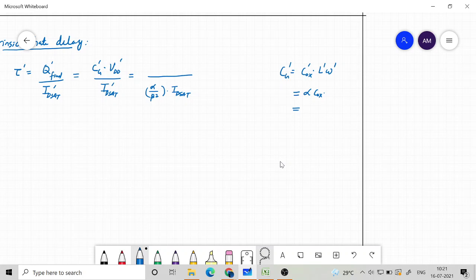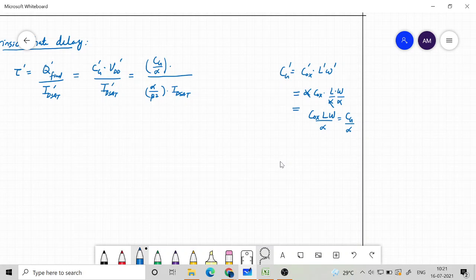This is basically L into W, so L by alpha, W by alpha. Okay, so one of this alpha will cancel, and then you have Cox LW by alpha, which is Cg by alpha. So you can substitute that Cg by alpha.